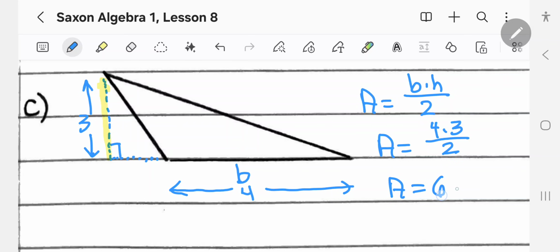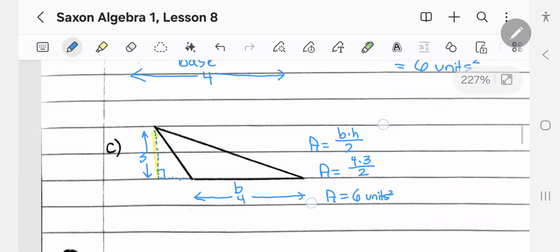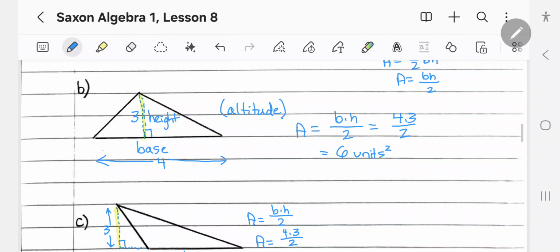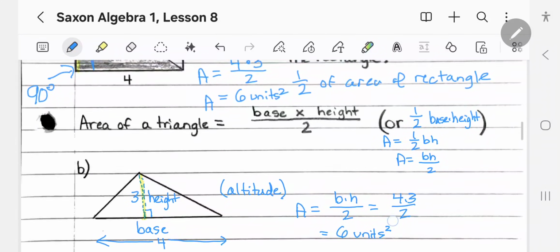Area is going to be equal to 6 square units. Okay, and that's how we're going to be able to find the area of a triangle, using that formula. Just keep in mind that your height or your altitude could look different, but you're not going to have a slanted height. It has to be a 90-degree line to the base.